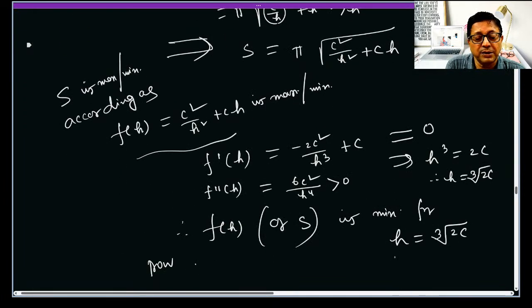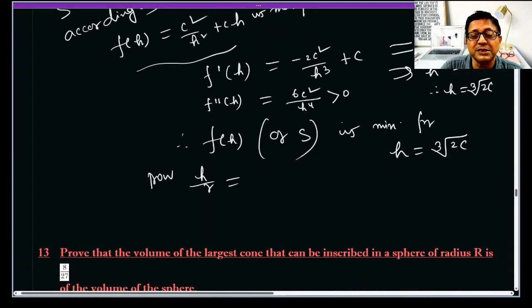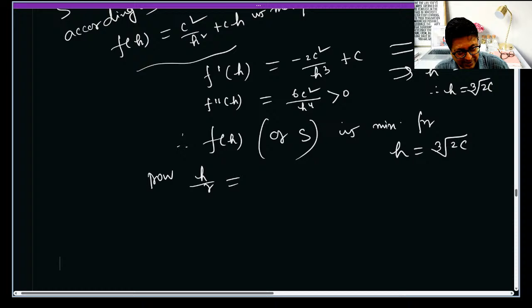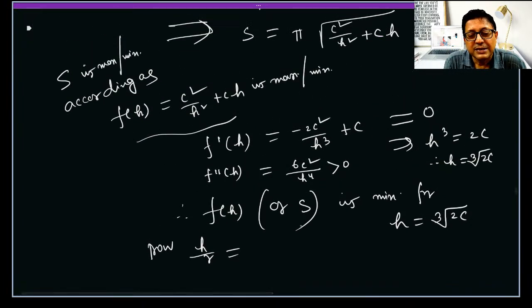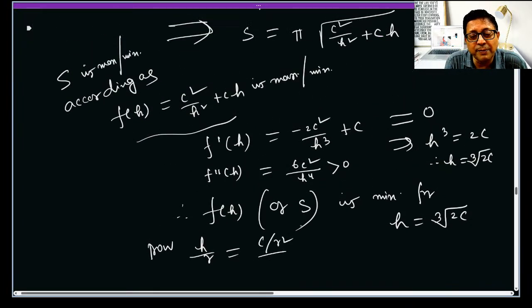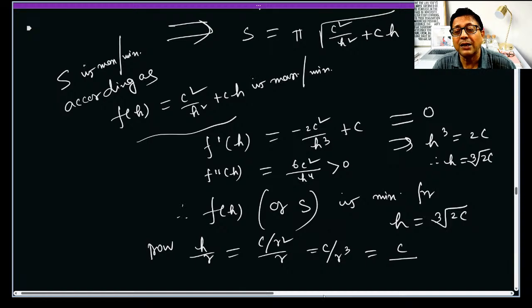Now H by R: H is C by R square, so this is C by R cube.